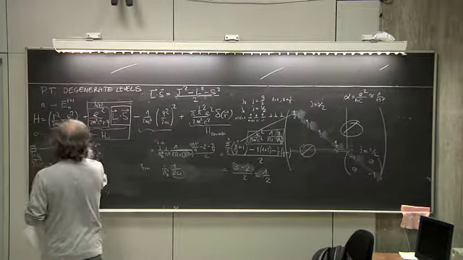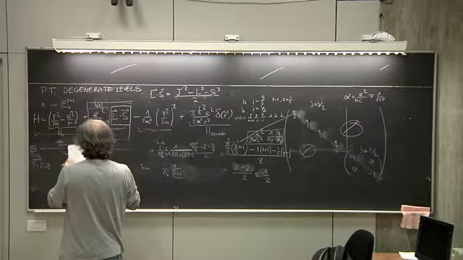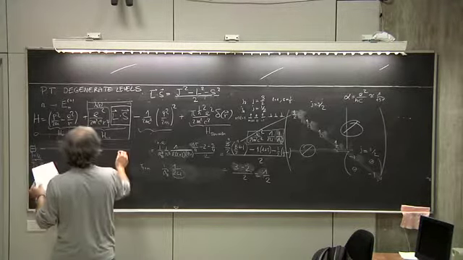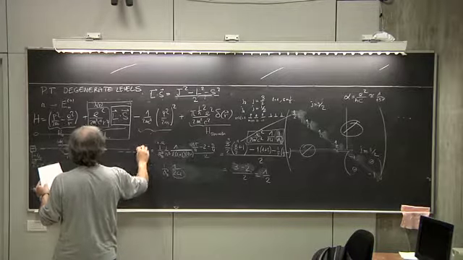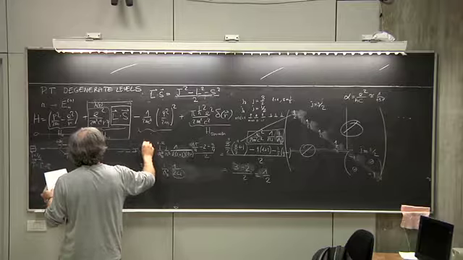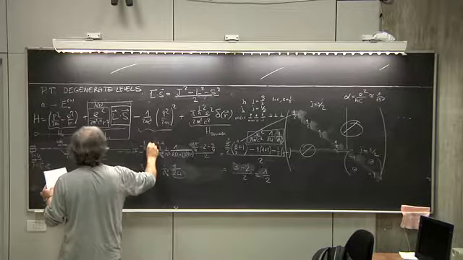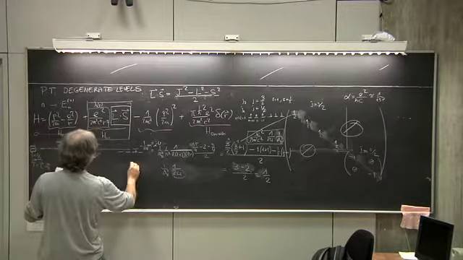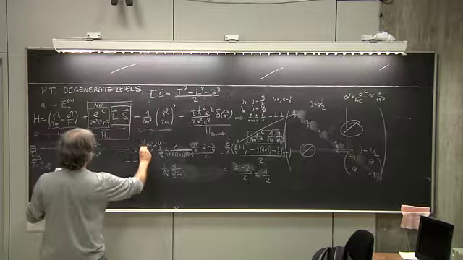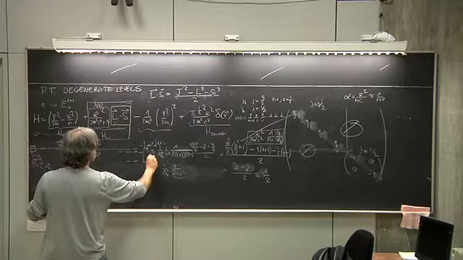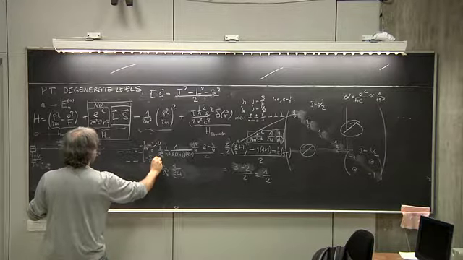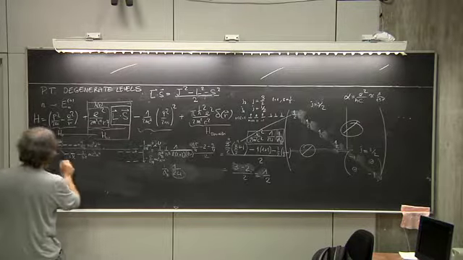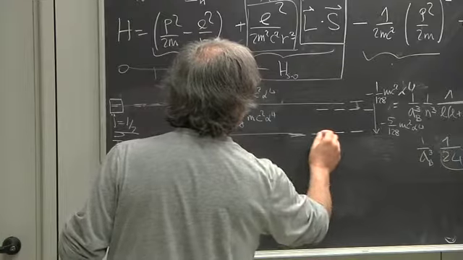So with respect to this initial object, these 4 are shifted down by minus 1 over 128 mc squared alpha to the 4th, and these 2 are shifted down by minus 5 over 128 mc squared alpha to the 4th, and this object also is shifted down by exactly the same amount.